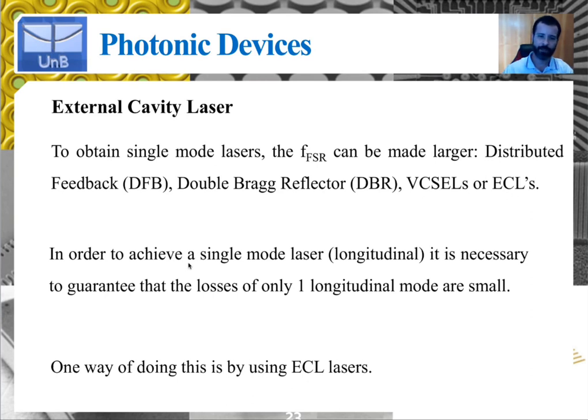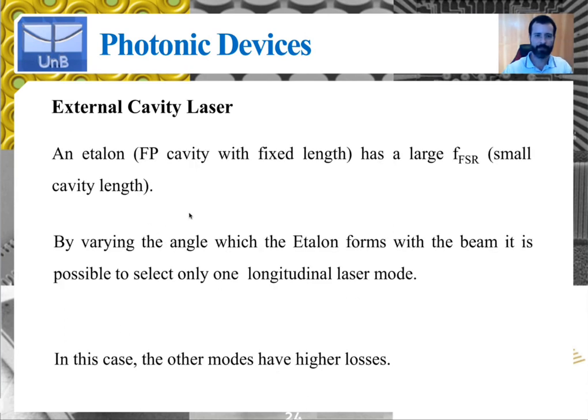But this requires an external cavity. So in order to achieve a single mode laser, it's necessary to guarantee that the losses of only one longitudinal mode are small. And one way of doing this, of course, is using the external cavity laser, which we'll discuss next. So on this type of laser, an etalon, so a Fabry-Perot cavity with a fixed length, is used, and it has a large FSR because usually the cavity is made smaller.